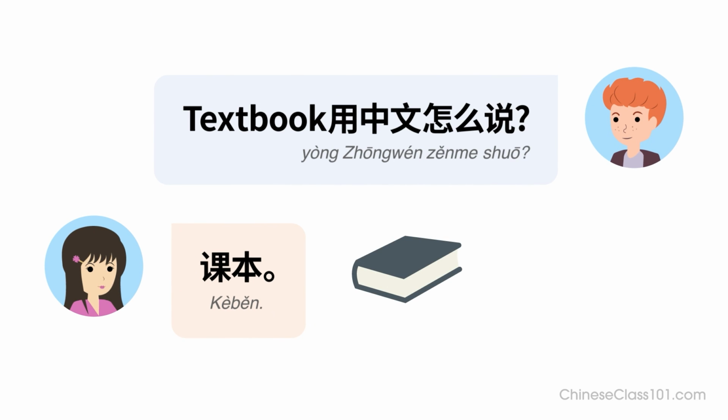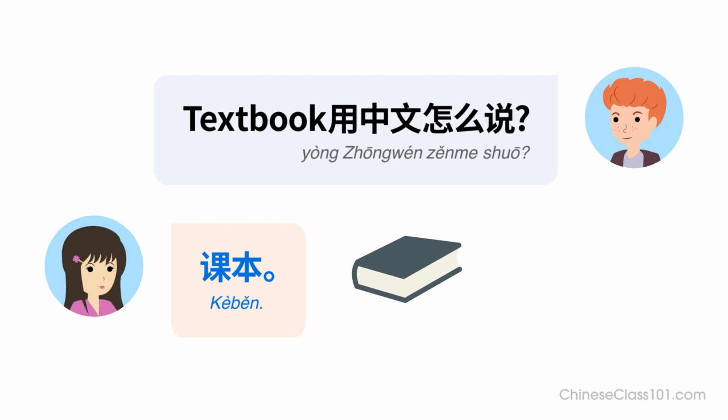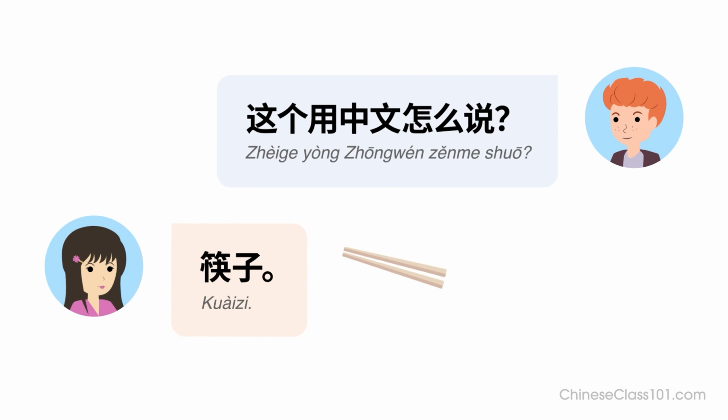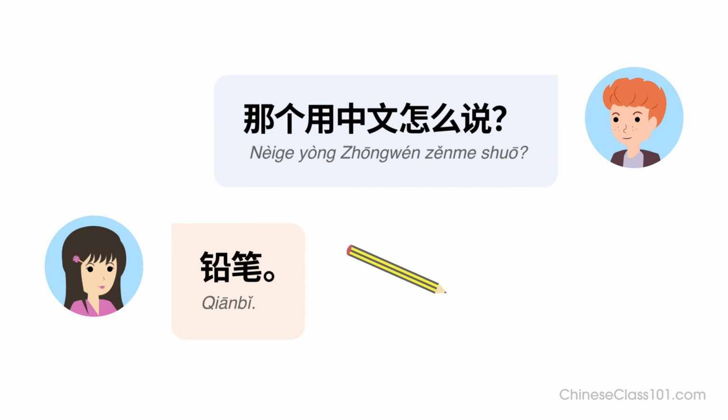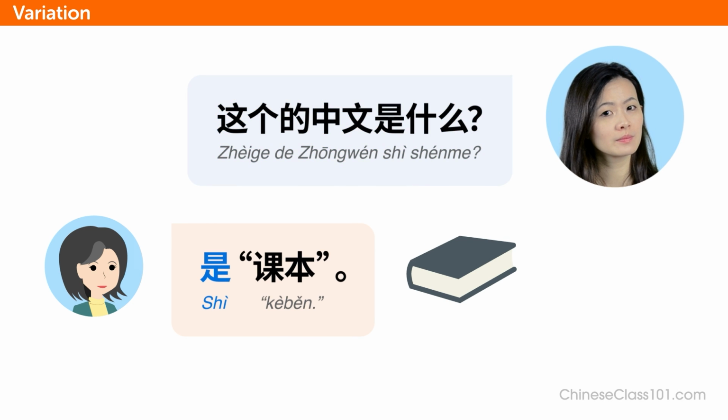Let's look at some more examples. Listen and repeat or speak along with the native speakers. textbook 用中文怎么说, 课本. pen 用中文怎么说, 笔. 这个用中文怎么说, 筷子. 那个用中文怎么说, 铅笔. 这个的中文是什么? 是课本.